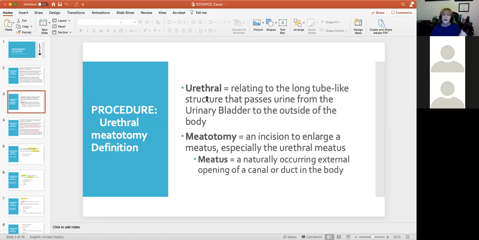Okay, so we now know what the procedure is. It's a urethral meatotomy. And remember, OTOMY from medical terminology class is an incision, not excision, incision. All right? And of the meatus, the urethral meatus, which is where we get this word from.